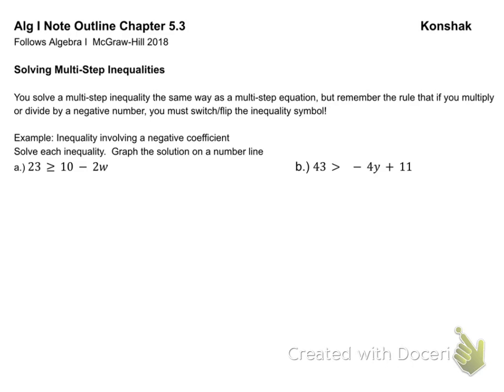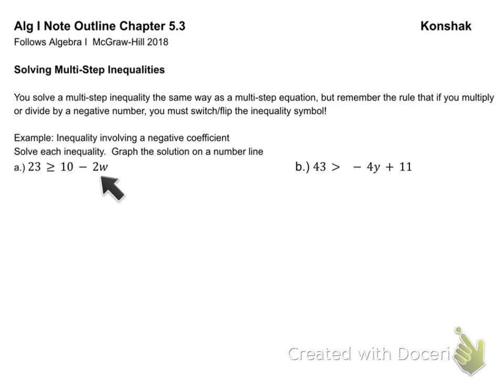So the first problem, what we want to do is we want to get W here by itself. And so to do that, remember you have to reverse everything. And so just like if I wanted to check an answer, this is how I figure out which one to do first.